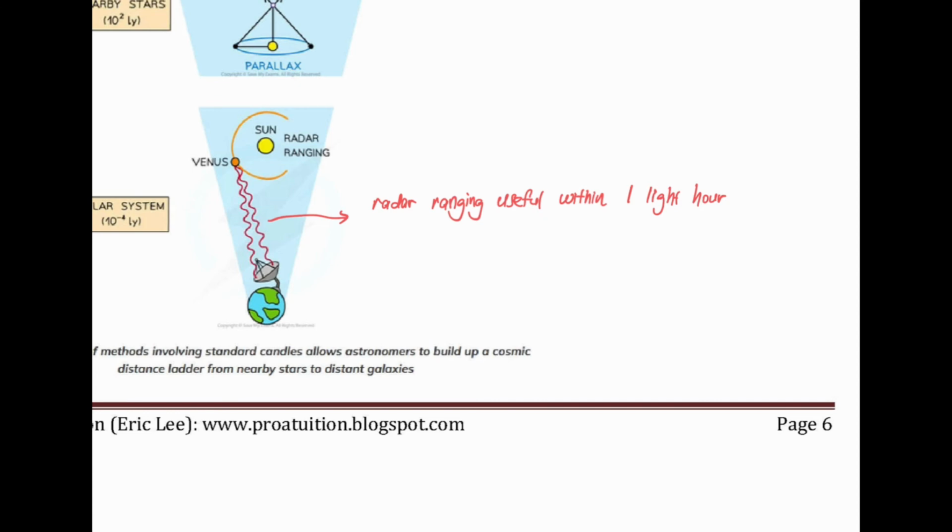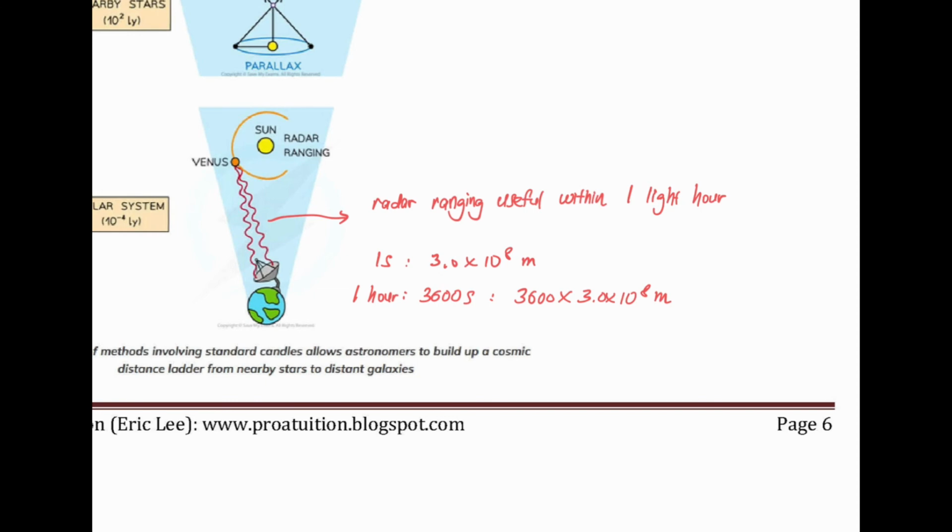Of course, 1 light hour, you try to imagine what kind of concept that is. Light can travel 3.0 times 10 to the power of 8 meters in 1 second. So in 1 hour, which is 3,600 seconds, that is 3,600 times 3.0 times 10 to the power of 8 meters.